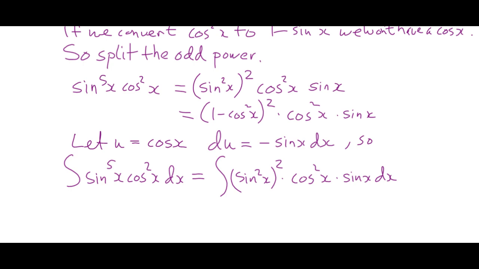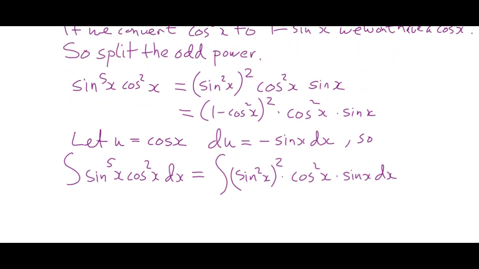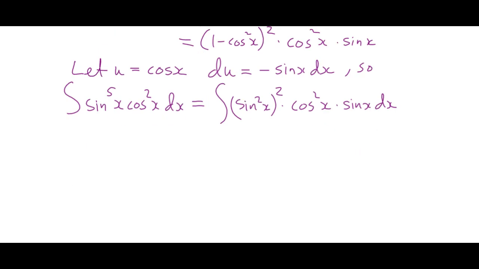Okay, so we are repeating what we did here. This part here is the thinking, and now we're saying, okay, we see where this is going to lead, so now let's do it. So you don't have to show this part. In future, you'll just go straight to here, which is the integral. So sine squared x, we're replacing it with 1 minus cos squared x, squared, times cos squared x times sine x dx.